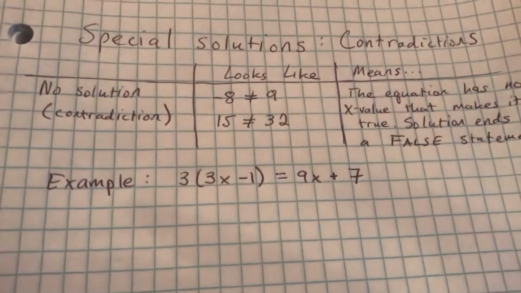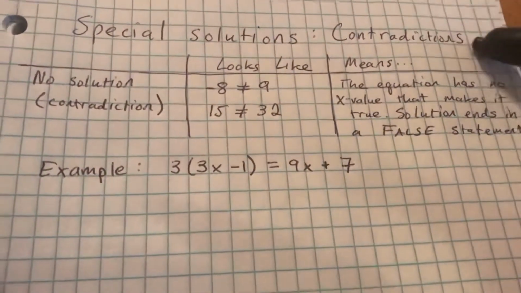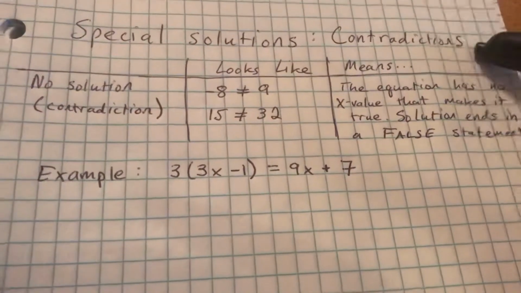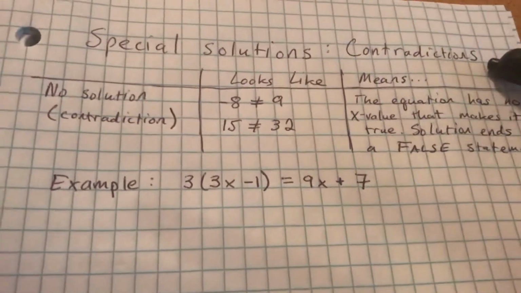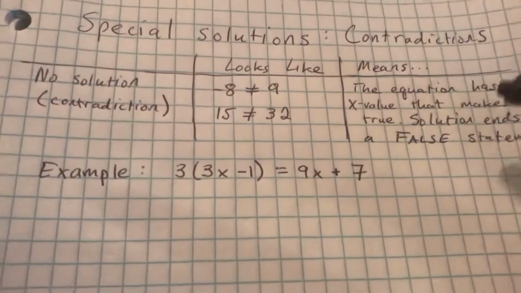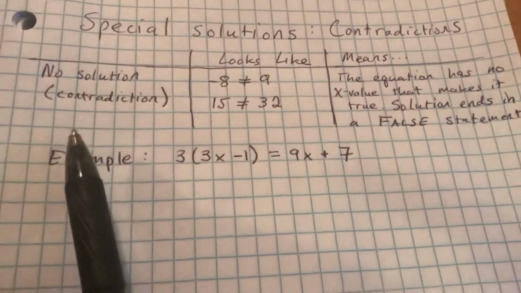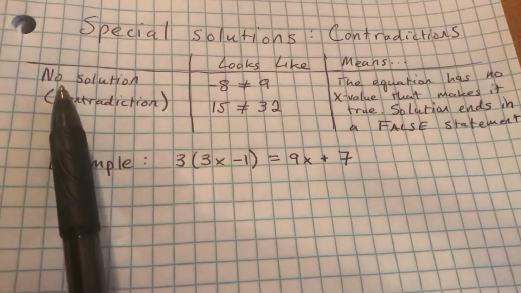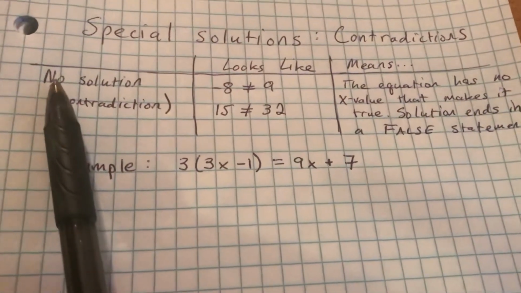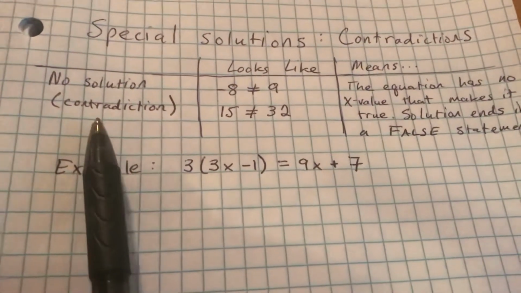We're looking at special solutions and a specific type of special solution, contradictions. Now, if you've been in class, you would have had this in your notes, but I will go ahead and reiterate what contradictions are. A contradiction is a solution type where there's no solution.